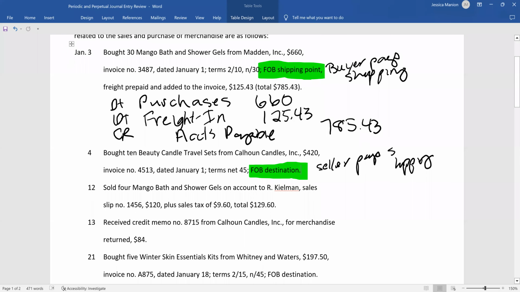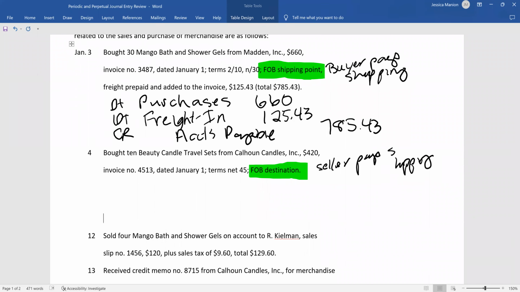All right, so on January the 4th, we bought 10 beauty candle travel sets from Calhoun Candles Inc. for $420. Invoice number 4513, dated January 1.